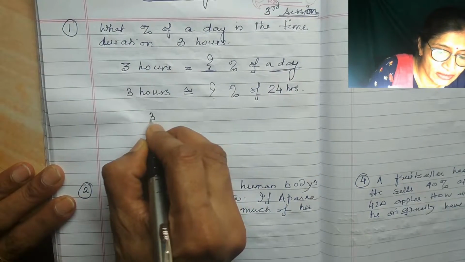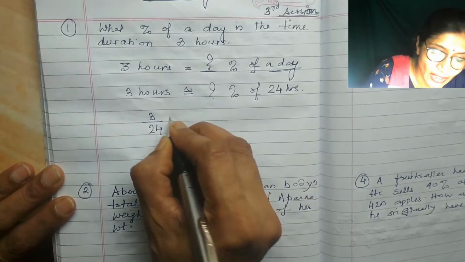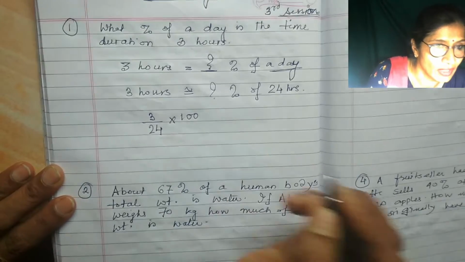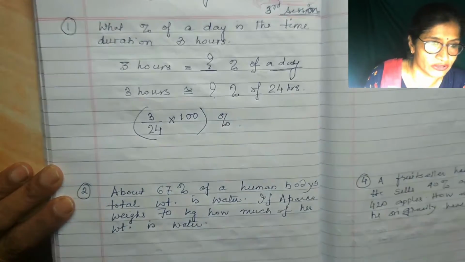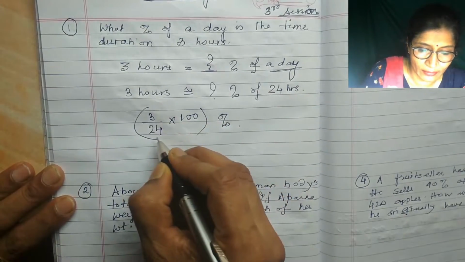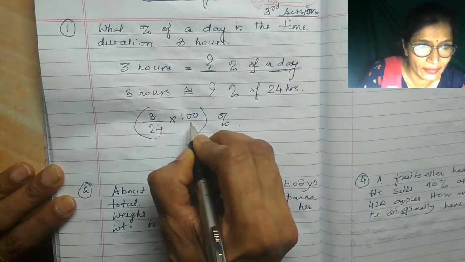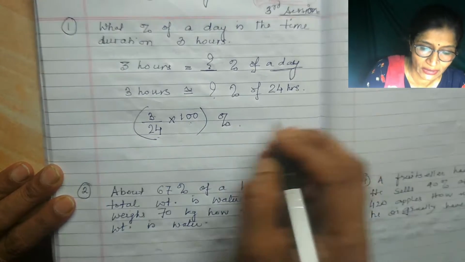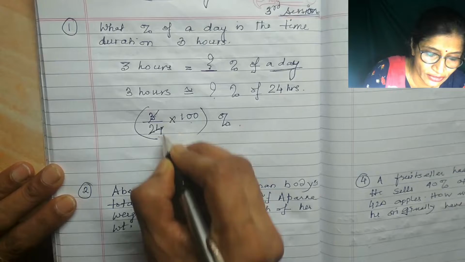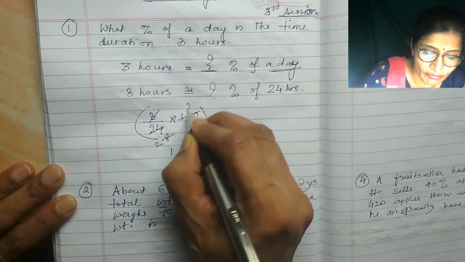So 3 hours out of 24 hours, percentage means out of total 100, so that much percentage. 3 hours out of 24, then 100, out of that it will be equal to how much? That is 100%.